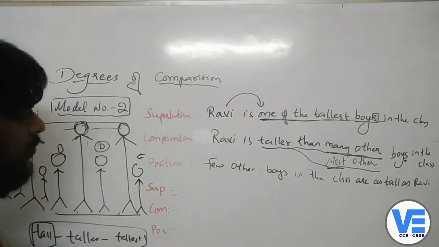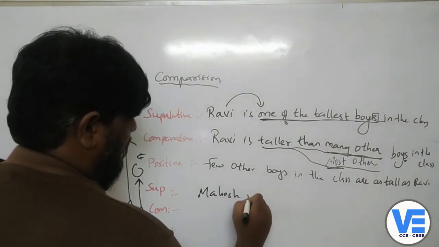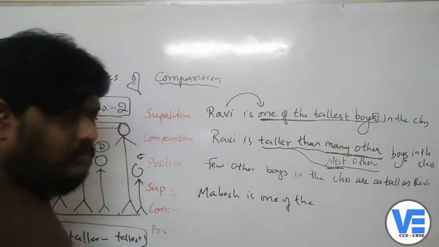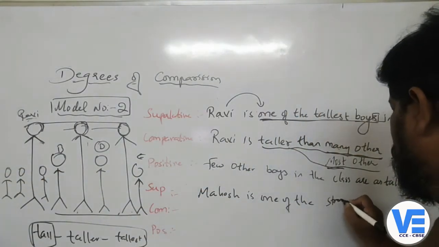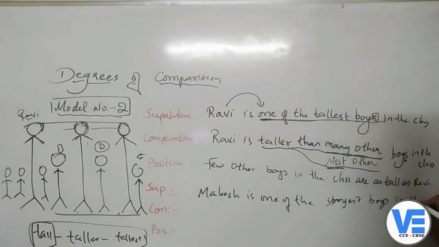Okay, children, I'll take one more example here. I'm talking about Mahesh. Mahesh is one of the strongest boys in the class. That means there are some boys in the class who are very strong, and some of them are not that strong.